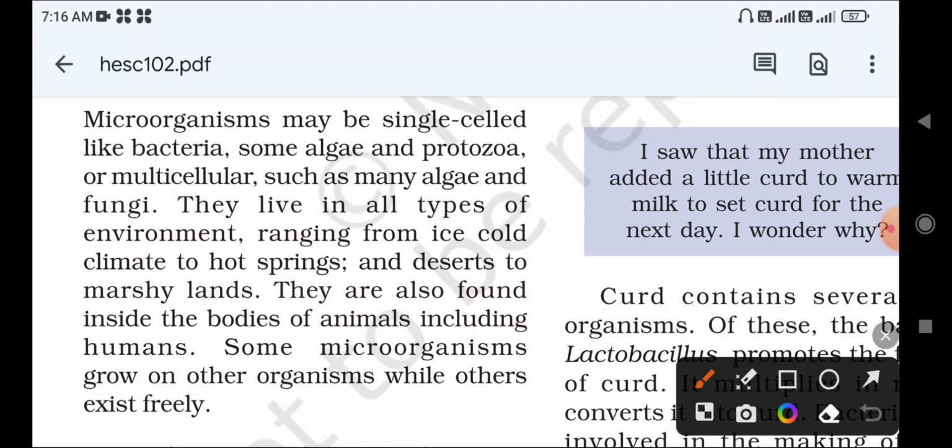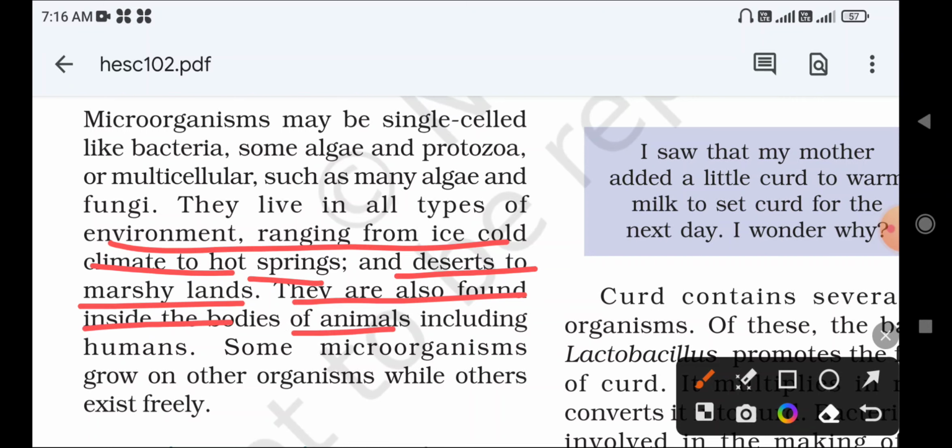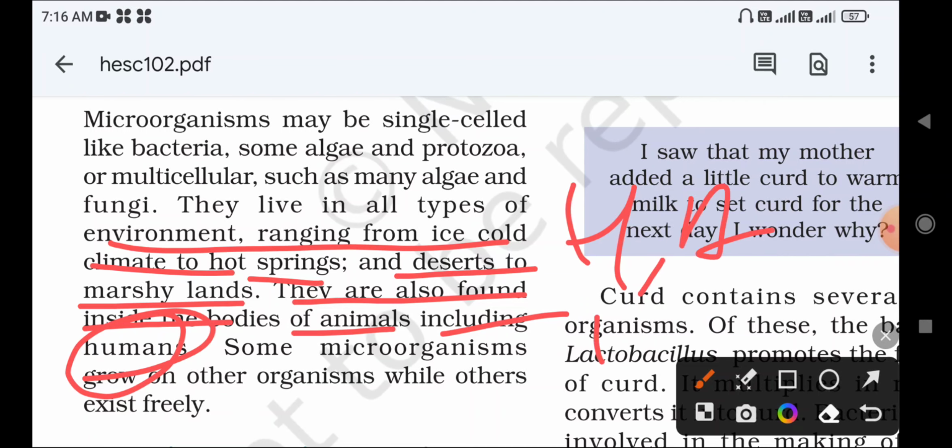So, ranging from ice cold climates to hot springs and from desert to marshy lands, they are also found inside the bodies of animals, including humans. They are living in humans also, animals also.